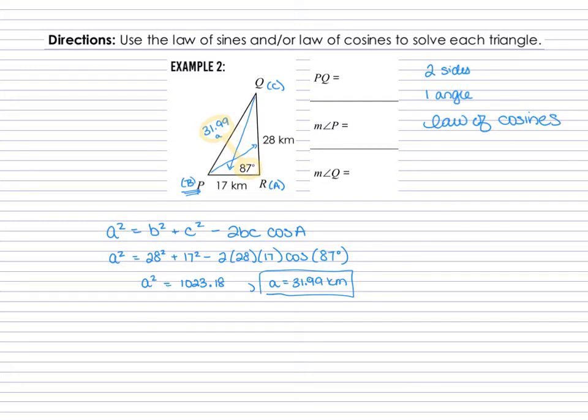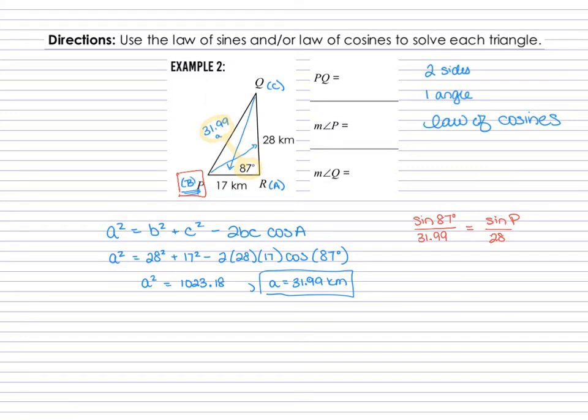So let's solve for angle B, or angle P in this case. We know we're solving for the angle, so I'm going to leave the sine up in the top. Let's start with what we know: sine of 87 over 31.99 is equal to the sine of angle P. We'll rewrite it back to P because we're using one at a time, over 28.